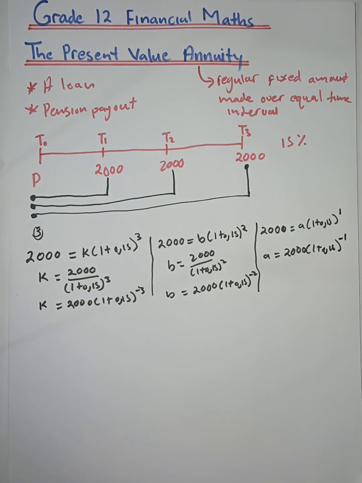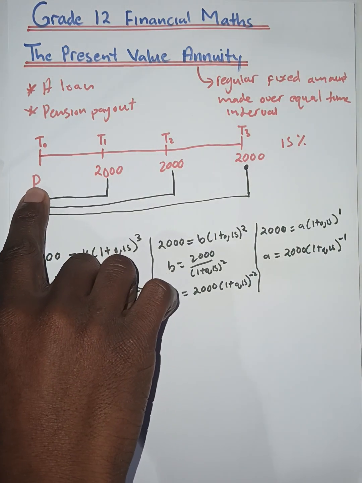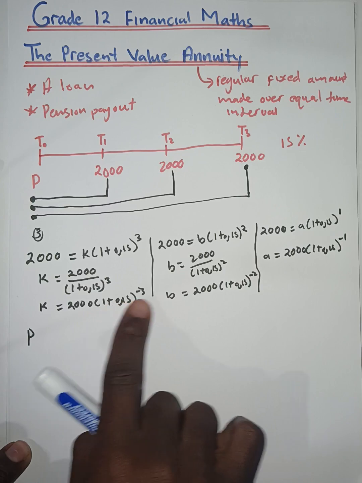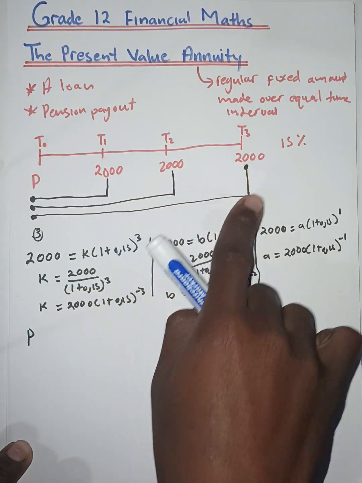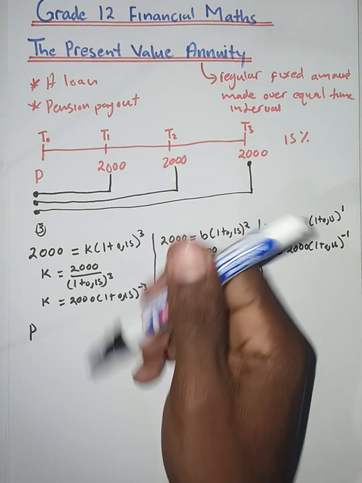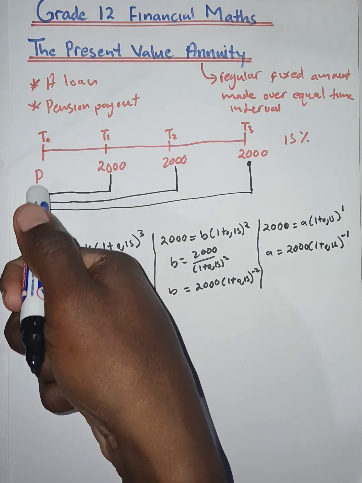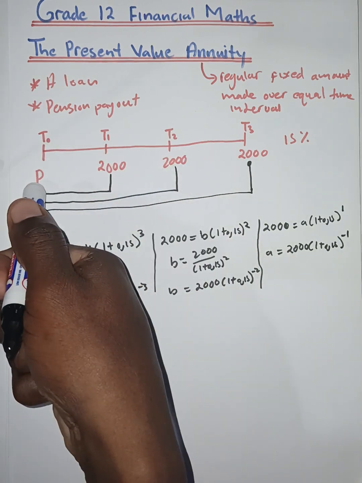So the value of P, that loan, would be equal to all of those payments with all of the interest undone. I'm moving my money, the amount, to T0, to find out how much all of those amounts are worth at that particular time.